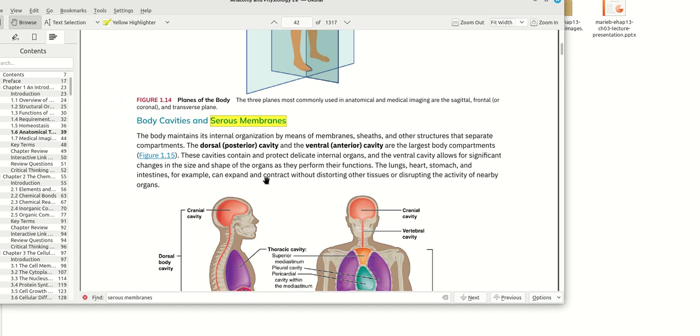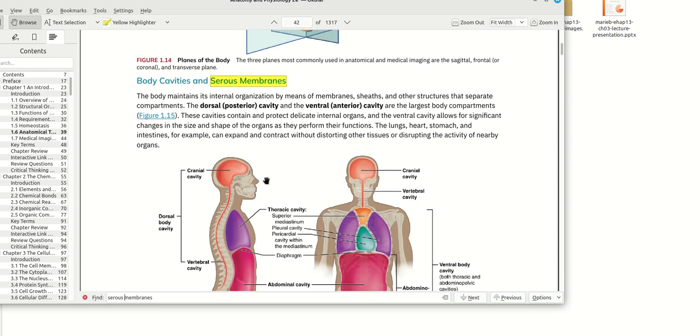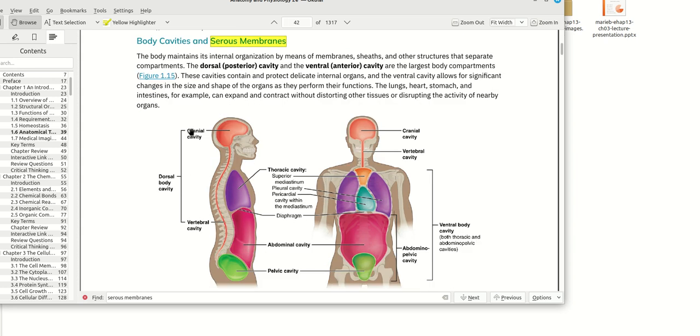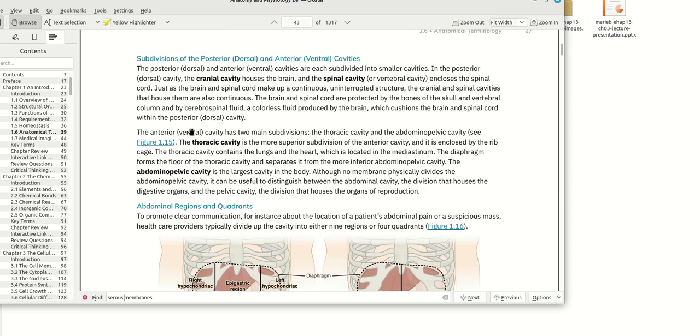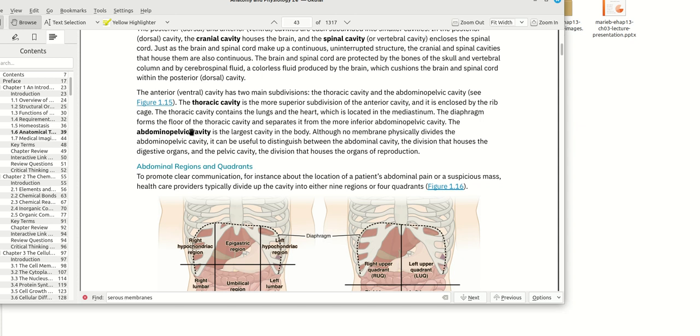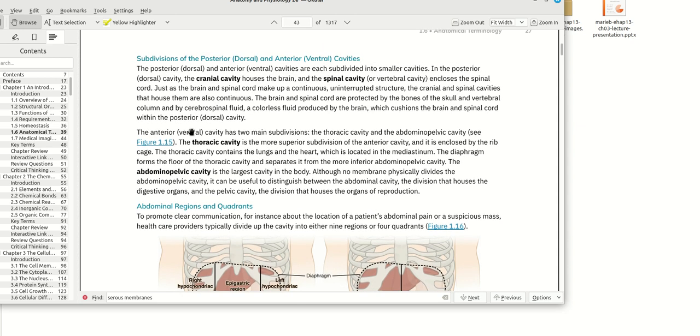The special features are usually listed in the PowerPoints, so you can get the exact ones there. But let's read here and see what we see about the special features of the serous membrane. I will tell you one that I'm aware of. They have selective permeability. That's something you don't hear about a lot, but they let some things through and other things not.